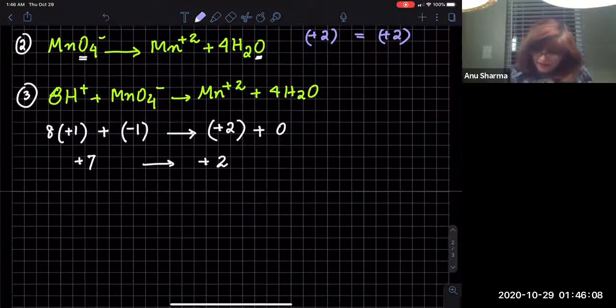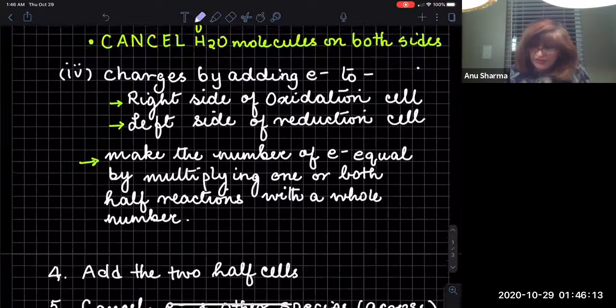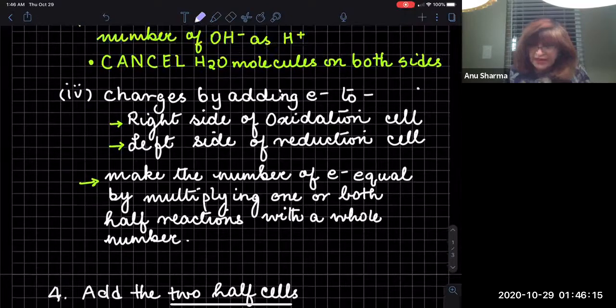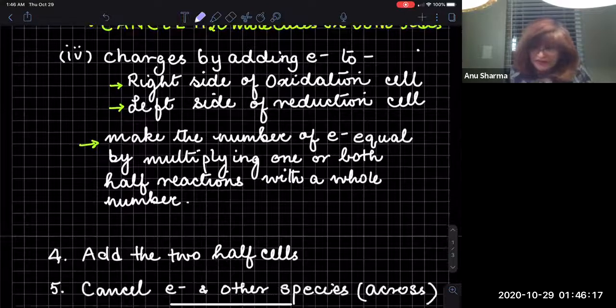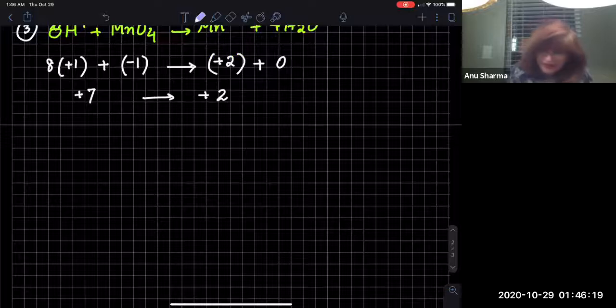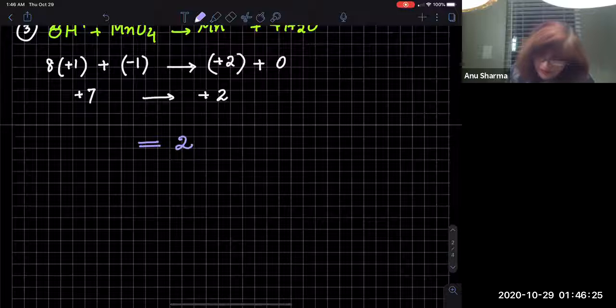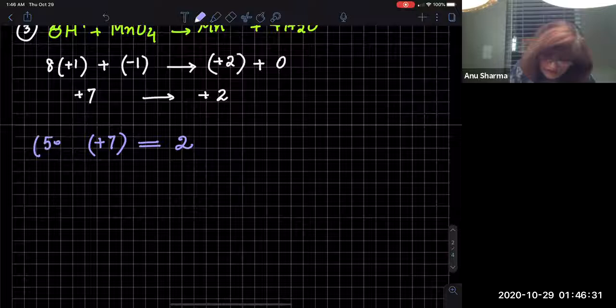Now let's look at it here. On the reduction side, remember the rule is to balance charges by adding electrons on the left hand side of the reduction cell. So clearly here you will have to make it 2. How can you make it 2? Here is your plus 7 and you will have to add 5 electrons.